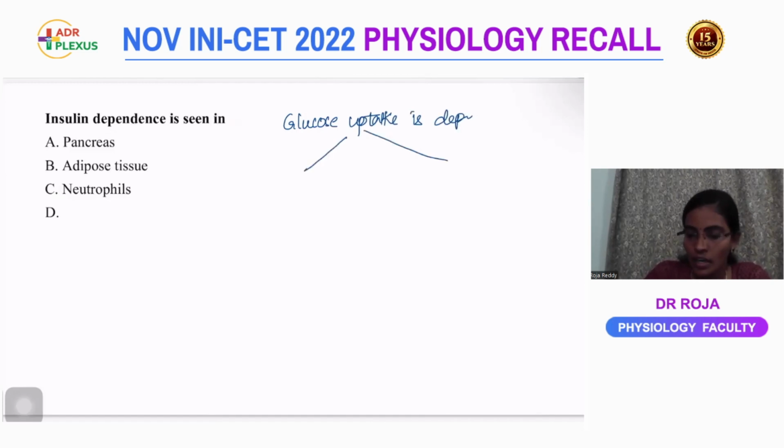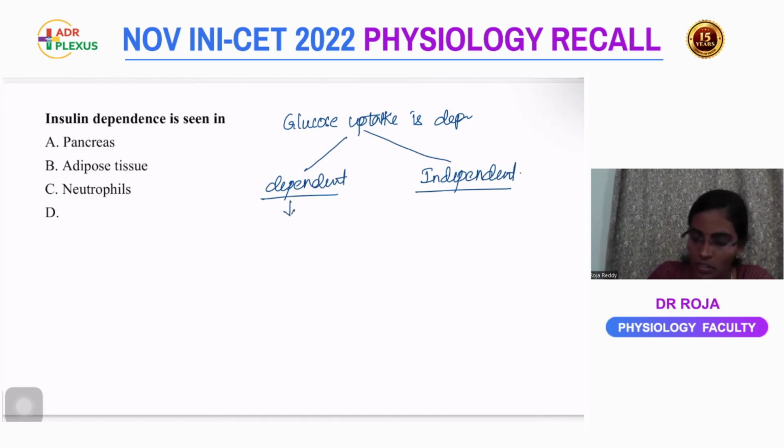There are insulin dependent tissues and insulin independent tissues as well. What are the various insulin dependent tissues present in the body? One is the liver, the skeletal muscle, and adipose tissue.